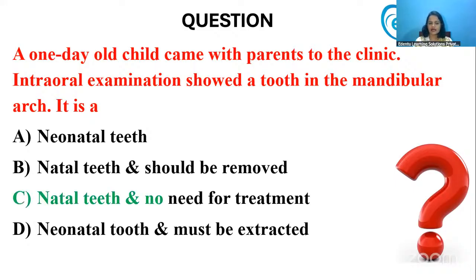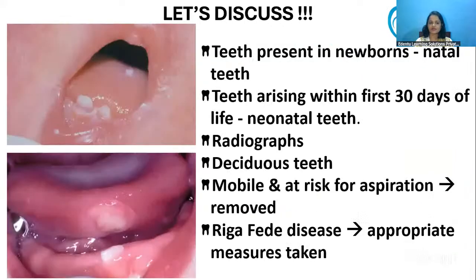So let's have a look at the difference between natal teeth and neonatal teeth. The teeth that are present in the newborn at the time of birth itself are called natal teeth. The teeth that arise within the first 30 days, that is within the first month of life, are called neonatal teeth.